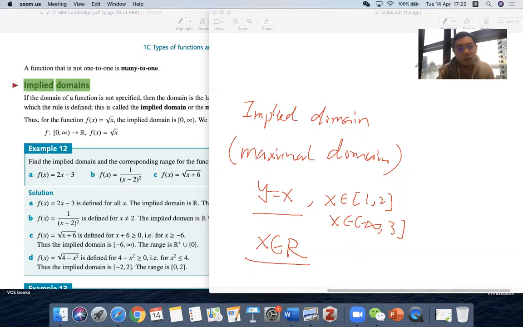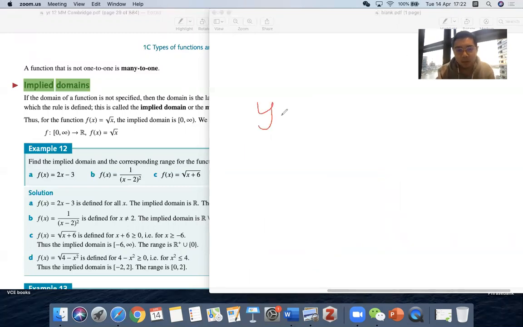For example, we learned square root a long time ago, right? y equals square root x, and this is also covered in Year 11 Methods. We know under the square root, the x value must be greater than or equal to 0, okay? So this is our implied domain.